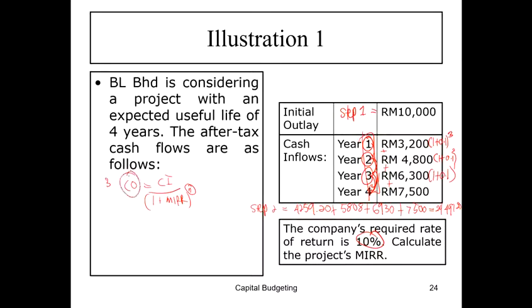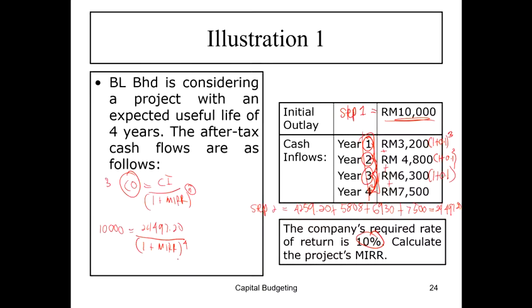So cash outflow is this one, step 1, 10,000, equal to cash inflow, step 2's figure, that is 24,497.20 divided with 1 plus MIRR to the power of 4.